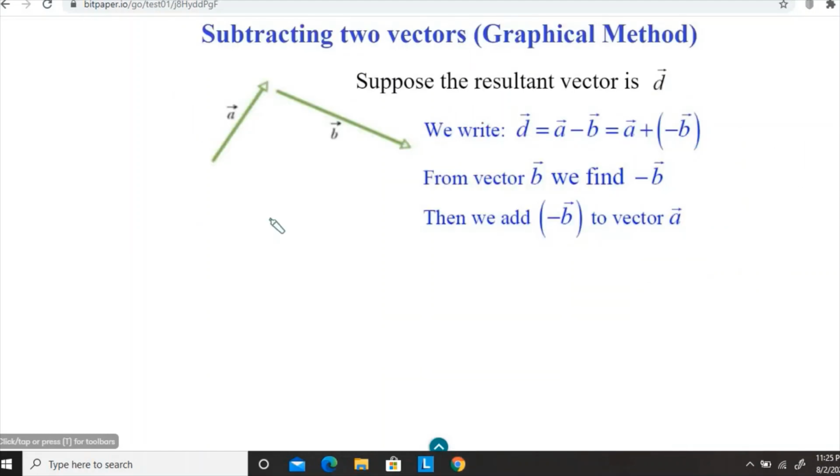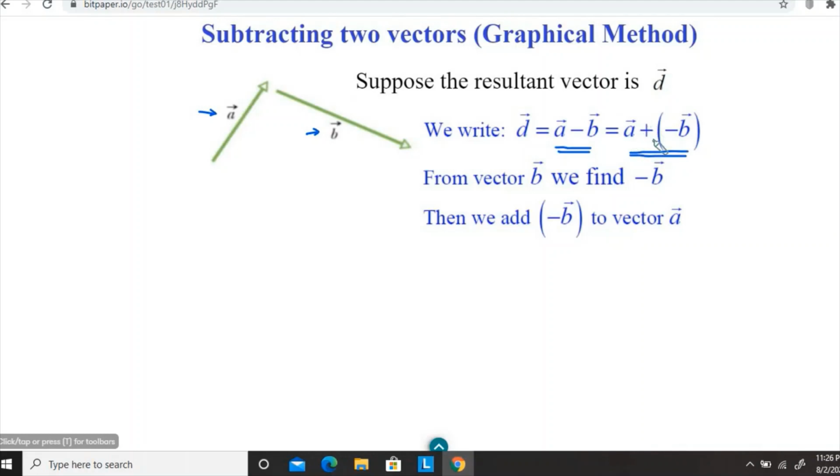Now, how do we subtract vectors using the graphical method? So here again we have vector A and vector B. Now we need to find the difference between the two vectors, vector A and vector B. As you can see, the minus sign can be rewritten using this method.